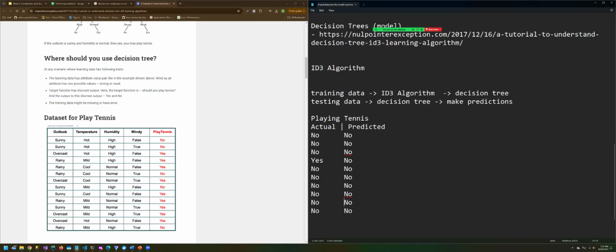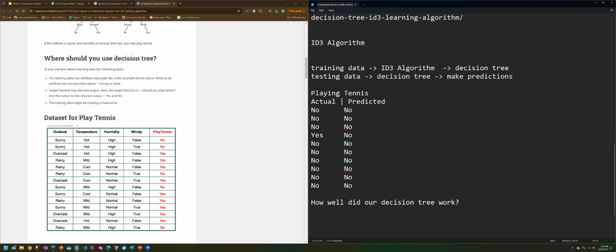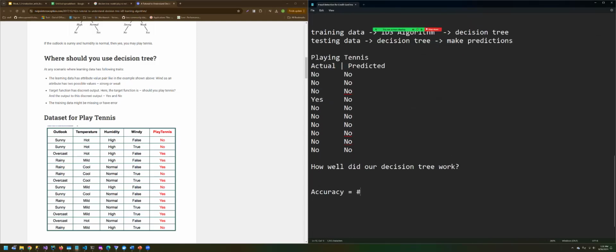And we need to determine how well did this work? How well did our decision tree work? And there are different ways to do this. For now, we're just going to talk about accuracy, which is equal to the number of correct predictions divided by the total number of predictions.